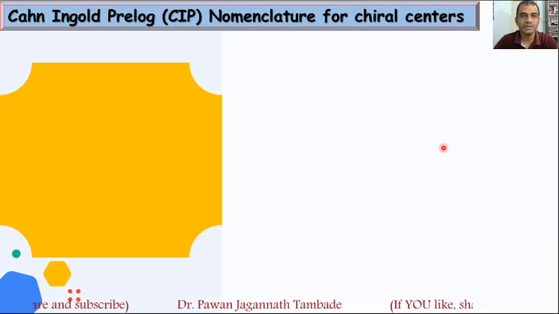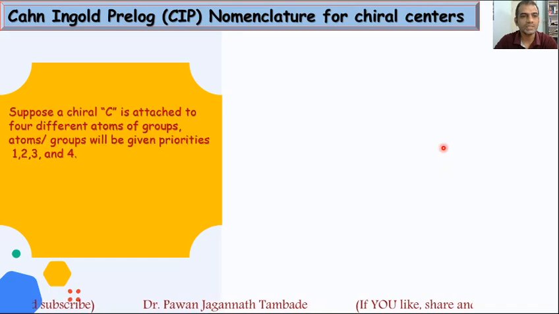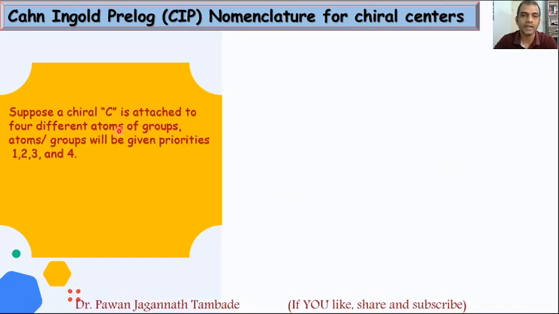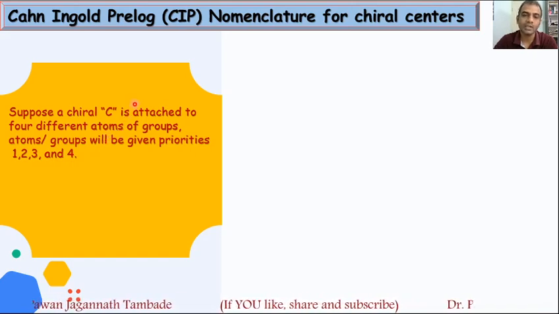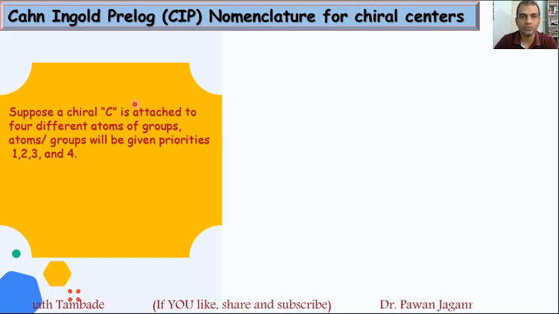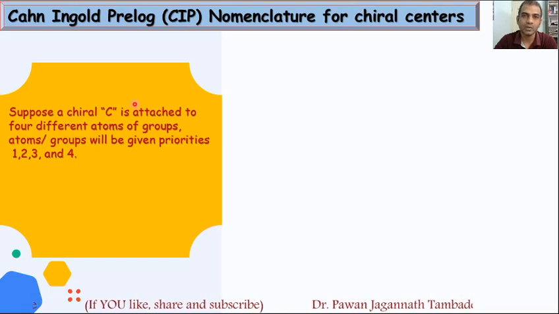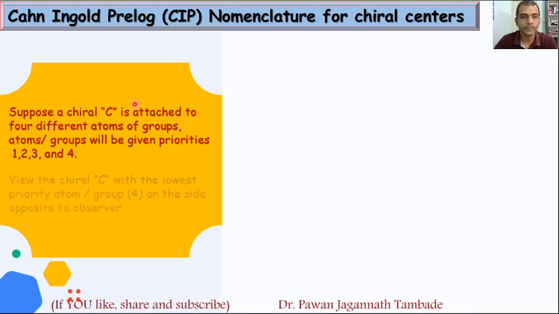In order to understand these CIP rules, consider that we have a chiral carbon which is attached to four different atoms or groups, and these atoms or groups are given priorities like 1, 2, 3 and 4, where 1 has the highest priority and 4 has the lowest priority.